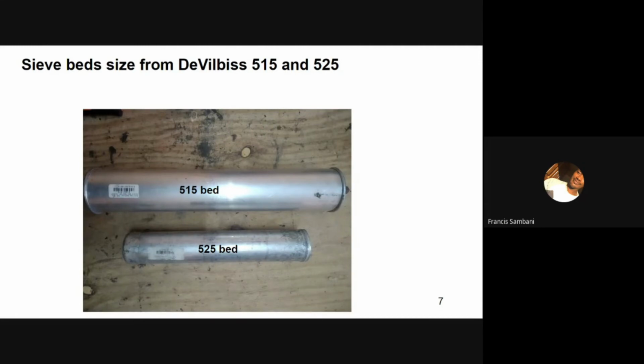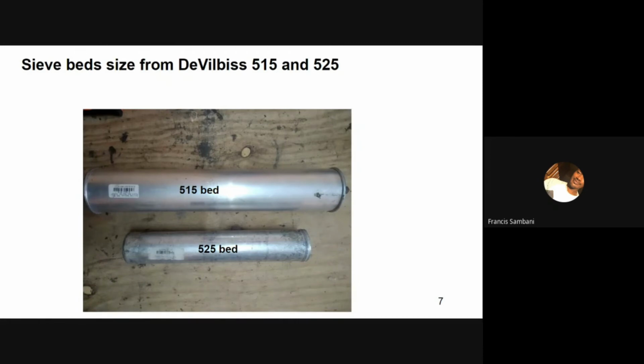The 515 uses the ZW370, and the 525 uses the ZW280. The maximum output pressures of these two compressors are different, with the 370 being much more powerful than the 280.